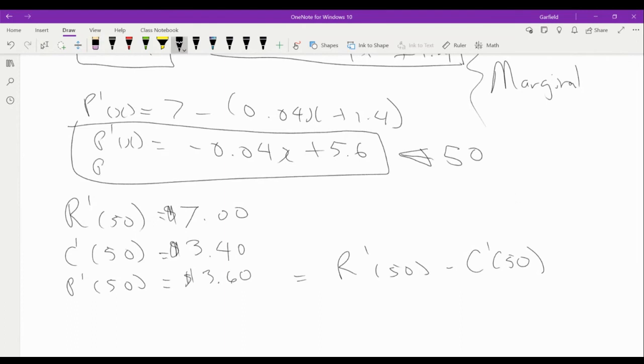So we're just trying to do it the easier way by subtracting. So this will be negative 0.04 times 50 plus 5.6, and that should give us the 3.6. But if you have the revenue and the cost, it's always easier to just subtract both of those to get the profit. Gotcha.